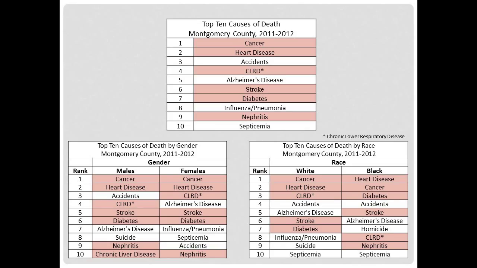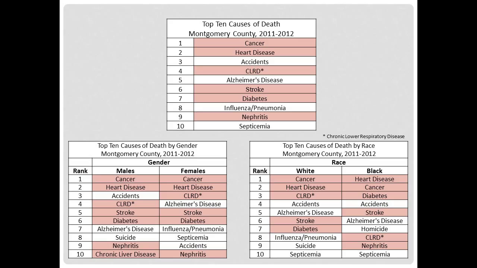So what we realized is that half of Americans have at least one chronic disease, and 1 in 3 have multiple chronic diseases. So we definitely feel this is a definite issue for Montgomery County, mostly because it costs money in the form of medical costs and lost productivity.